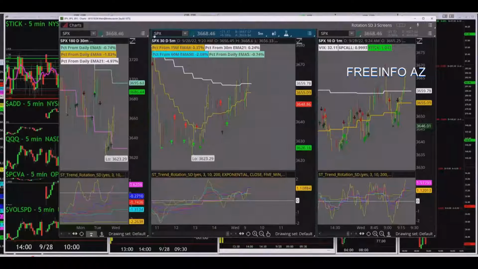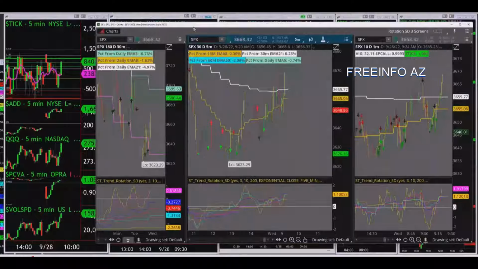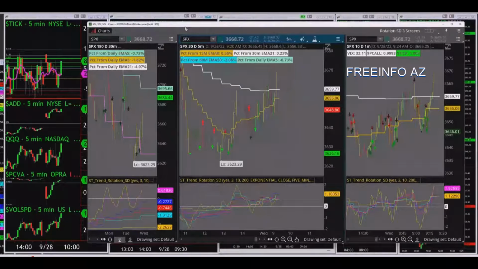But the main point of all this, and the reason all this was created, is that, first of all, okay, do I have buy signals or sell signals? Well, in this case, we had buy signals. What am I going to do? I'm going to sell a put credit spread. We also bought a call, a few days out, so we don't get killed by theta decay, and we bought some SPY, right?